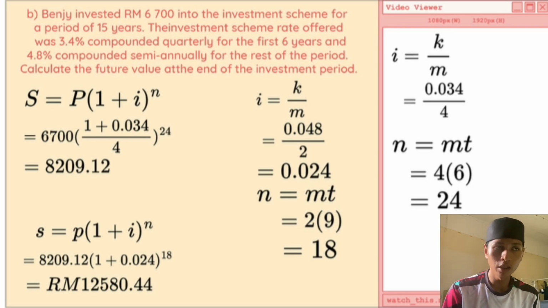The answer is S equals P (1 plus i) to the power n. 6,700 (1 plus 0.034 per 4) to the power 24. The answer is 8,209.12.